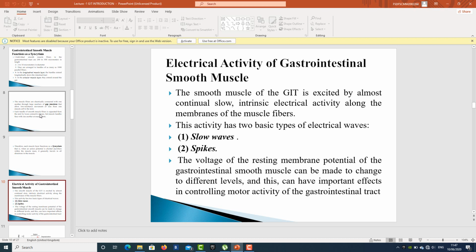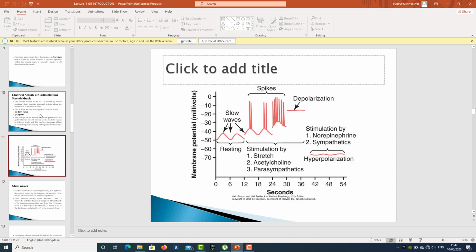This activity has two basic types of electrical waves, which are slow waves and spikes. The voltage of the resting membrane potential of the gastrointestinal smooth muscle can be made to change to different levels, and this can have important effects in controlling motor activity of the gastrointestinal tract.